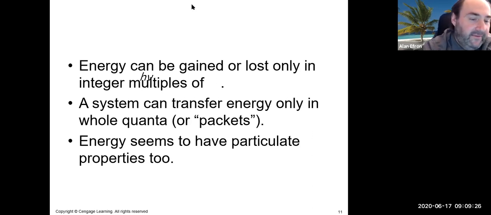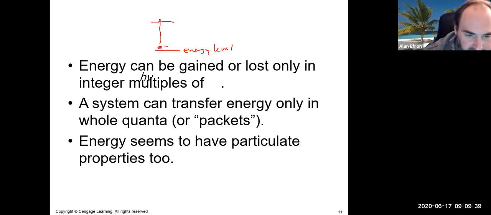So, the energy of an electron as it transitions from one energy level to the next. For example, if this is our energy level here, and we have an electron here, and it wants to go to this energy level, it will gain enough energy to make it to that energy level.